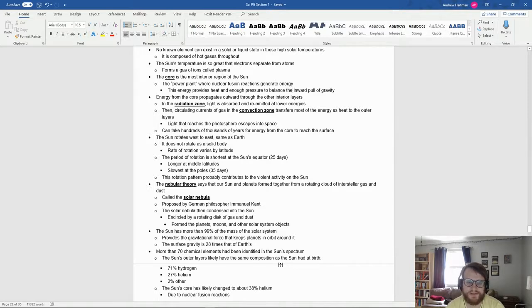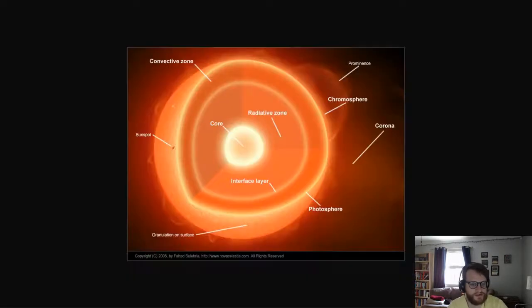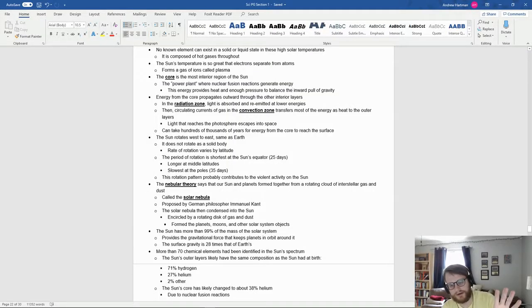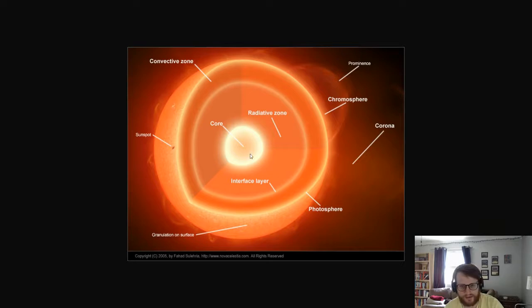Energy from the core then goes outwards through the interior layers. In the radiation zone, which is the next zone, light is absorbed from the core and then re-emitted at lower energy levels. Here we can see the radiation zone. It takes energy from the core and re-radiates it at lower energy levels, which also corresponds to the idea that it's not necessarily the same white hot look of the center of the sun.